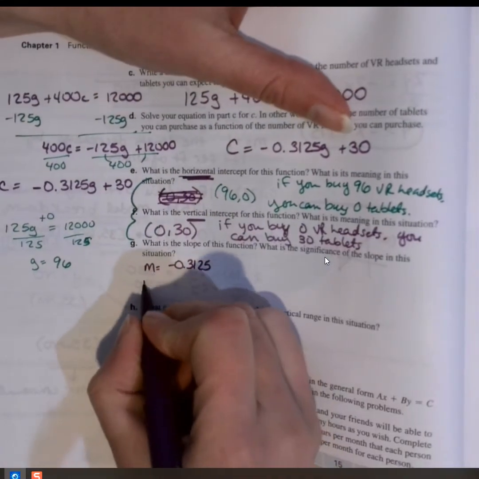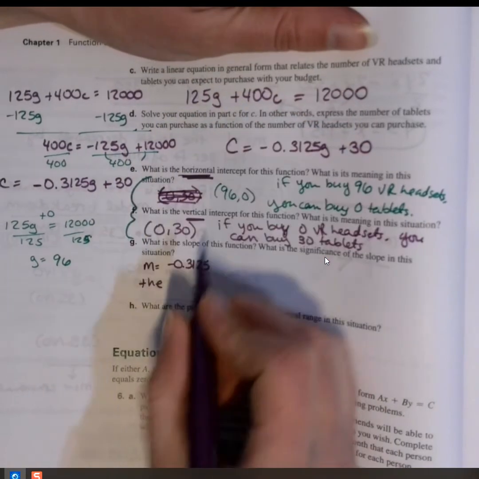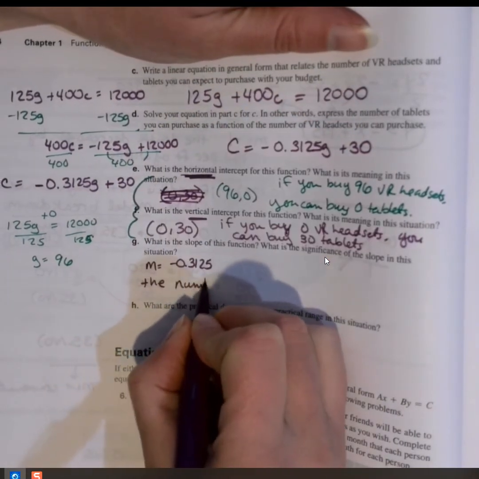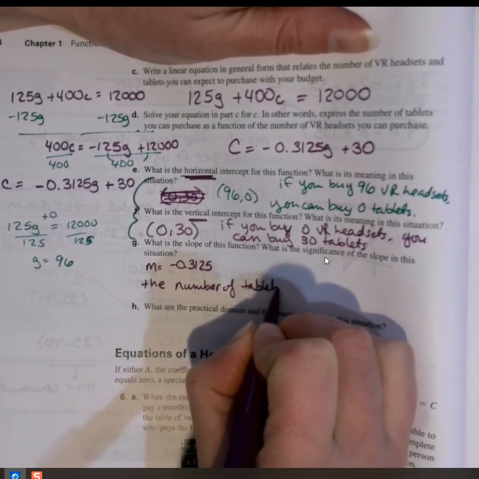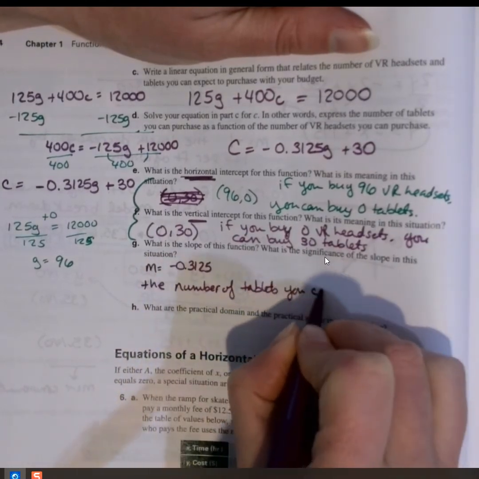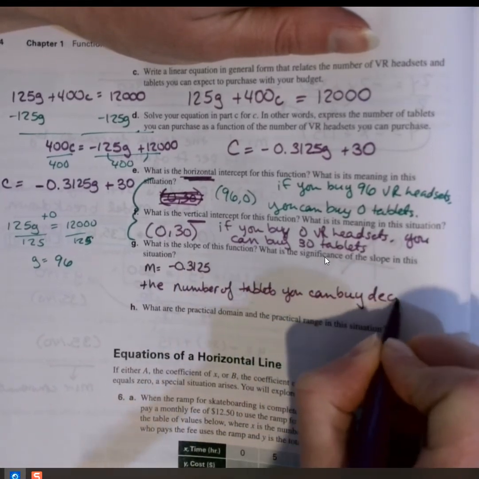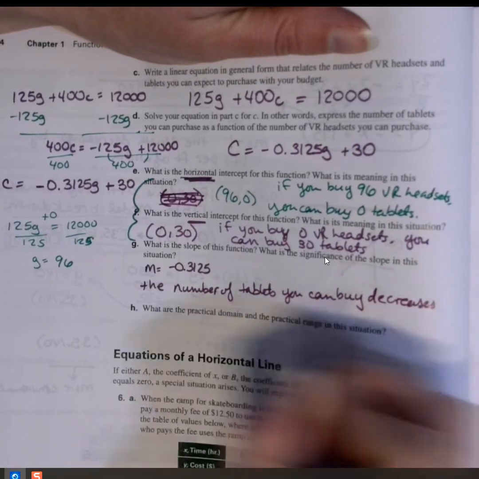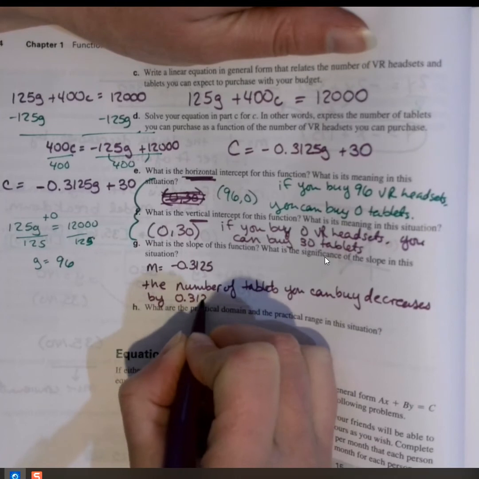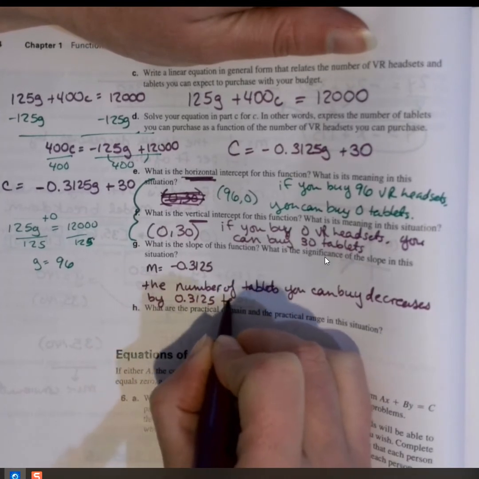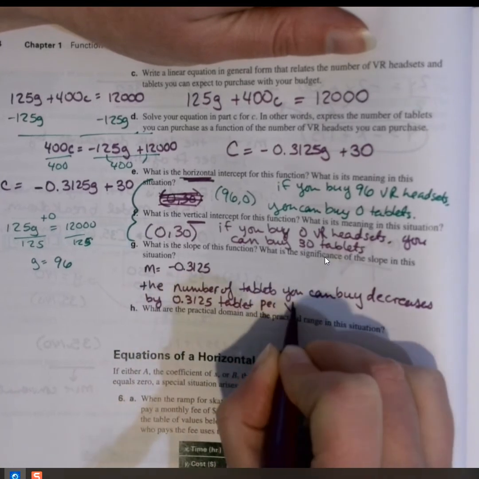Okay, so the output, which is the number of, C is tablets, the number of tablets you can buy decreases, because it's negative, by 0.3125 tablet, as would be the units, per VR headset purchased.